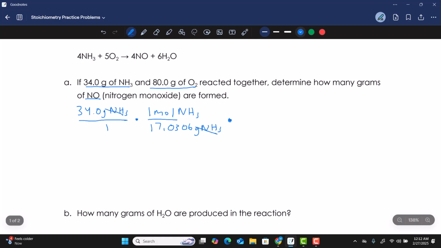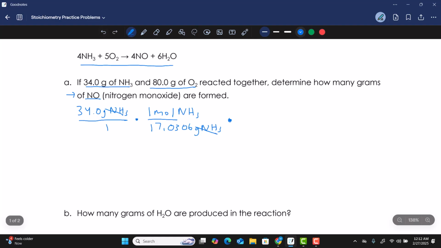Now, once we have moles of NH3, we want to convert moles of NH3 into moles of NO, which is what we want. So we would multiply this by the mole ratio, which can be found by looking at this balanced equation. So we have 4 moles of NO, since there is this 4 here.